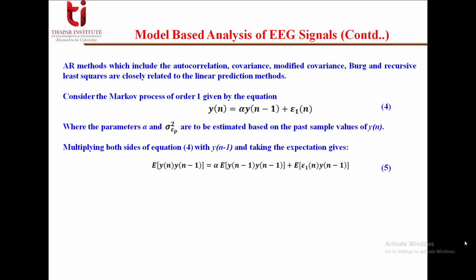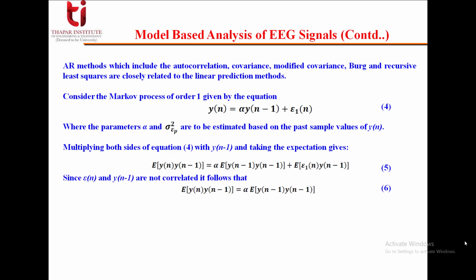If we multiply equation 4 by y of n minus 1 and take the expectation, that is the mean, you will get, in equation number 5, the expectation of the product y n into y n minus 1 equals alpha times the expectation of y of n minus 1 into y of n minus 1 plus the expectation of epsilon 1 n into y of n minus 1.